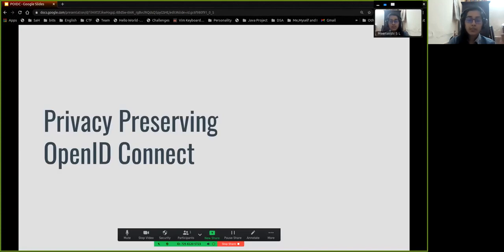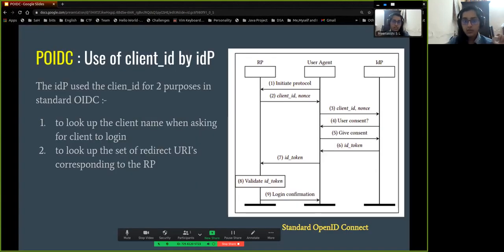So coming to the model we discussed in the paper, which is privacy preserving OpenID Connect. As discussed previously, there is something called a client ID. The client ID identifies the relying party. So suppose you are logging into Stack Overflow using Google, there would be a separate client ID for Stack Overflow, and another for another service, say, a hospital website and so on.